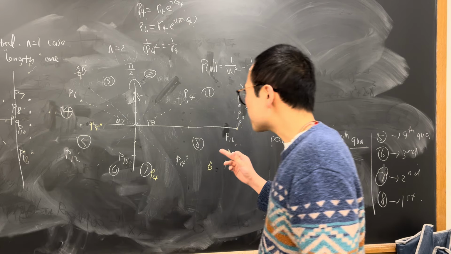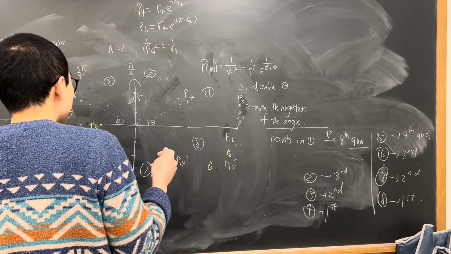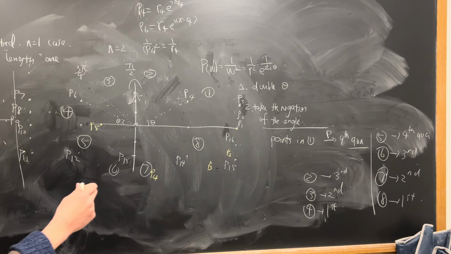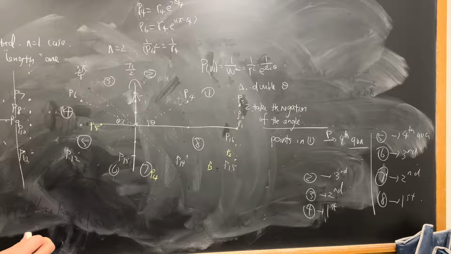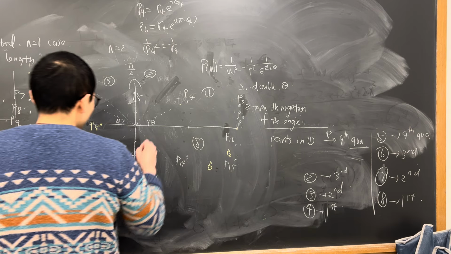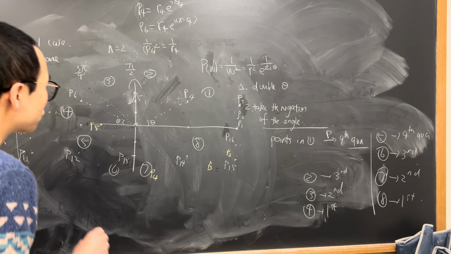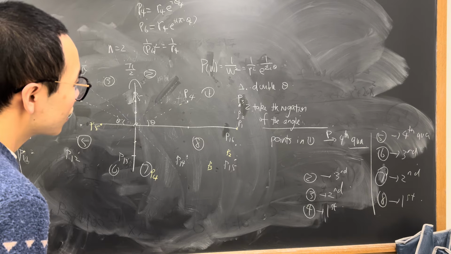I think if we think of the way that cancellation works, it would be like, if you think of the first quadrant and the third quadrant as a pair, right?